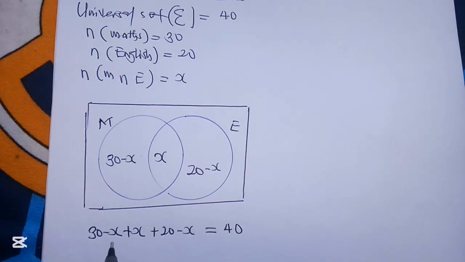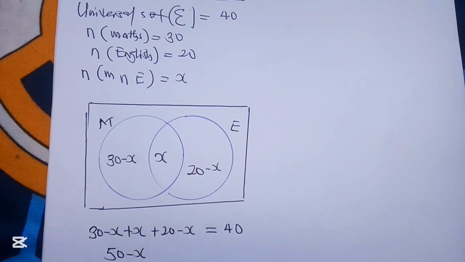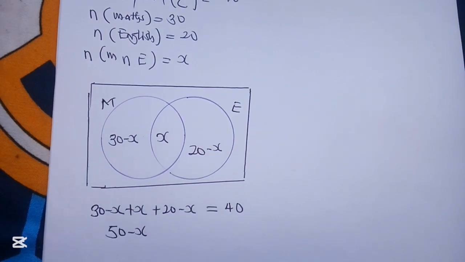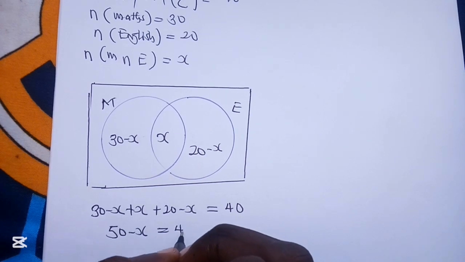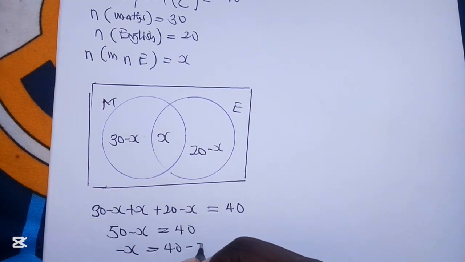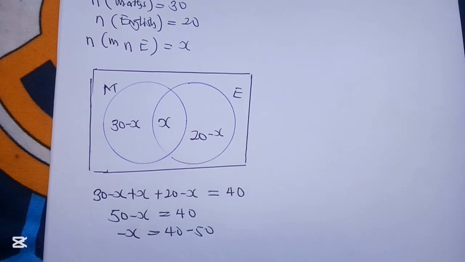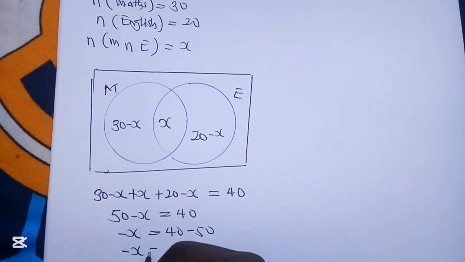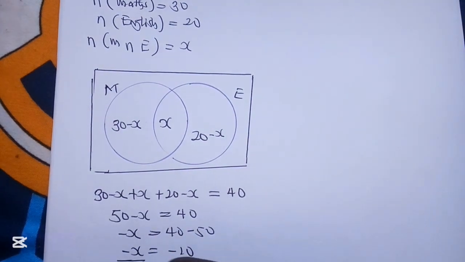Now let's add and subtract where necessary. Minus X plus X is 0. Now we have 30 plus 20 giving us 50 minus X equals 40. Then minus X is equal to 40 minus 50. Then minus X is equal to minus 10, divide by minus, by minus.